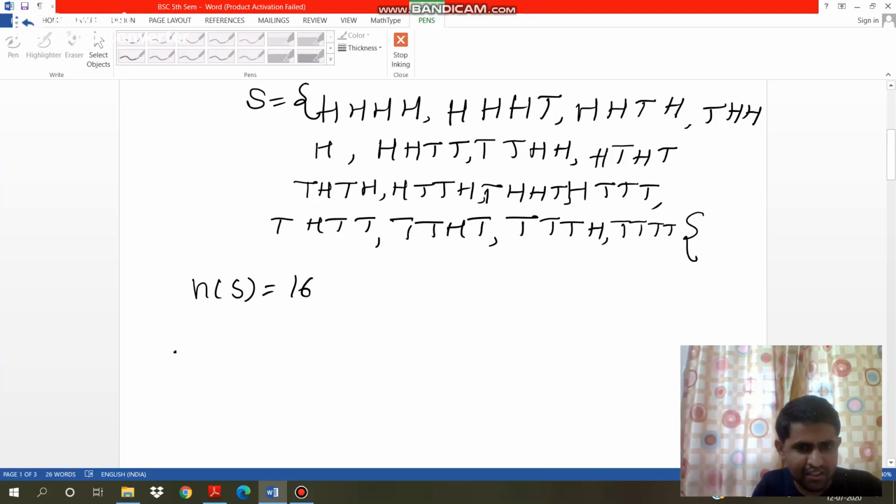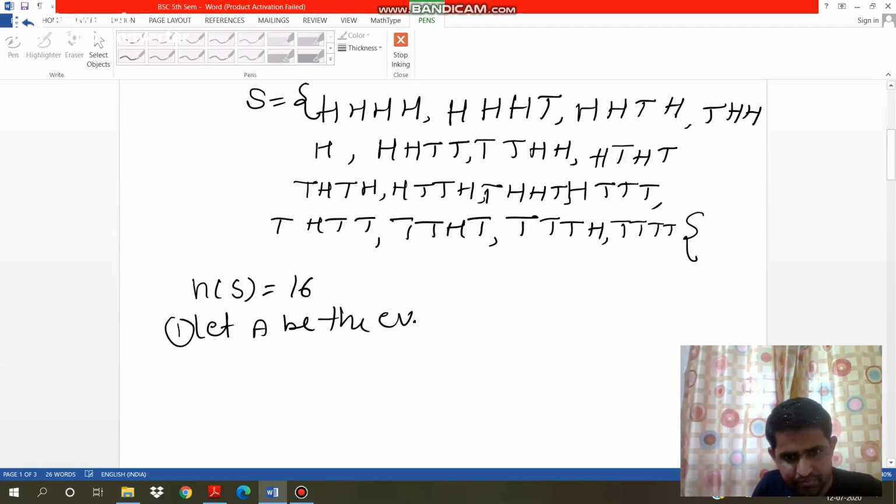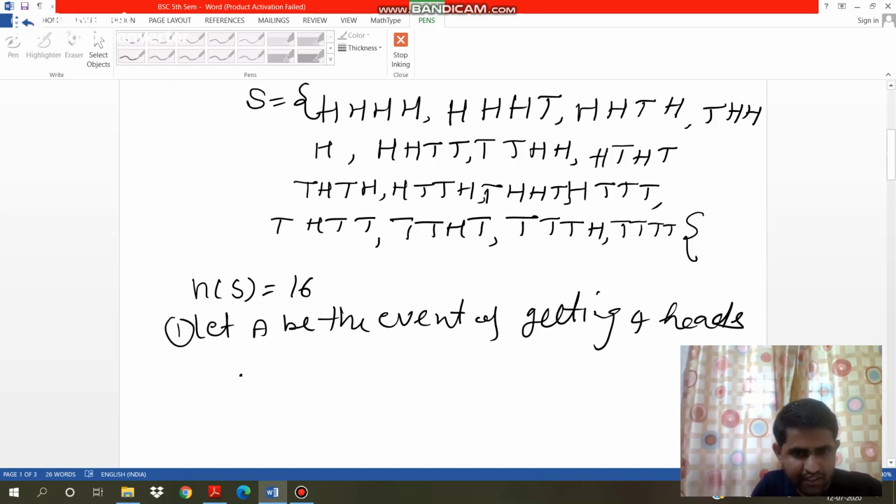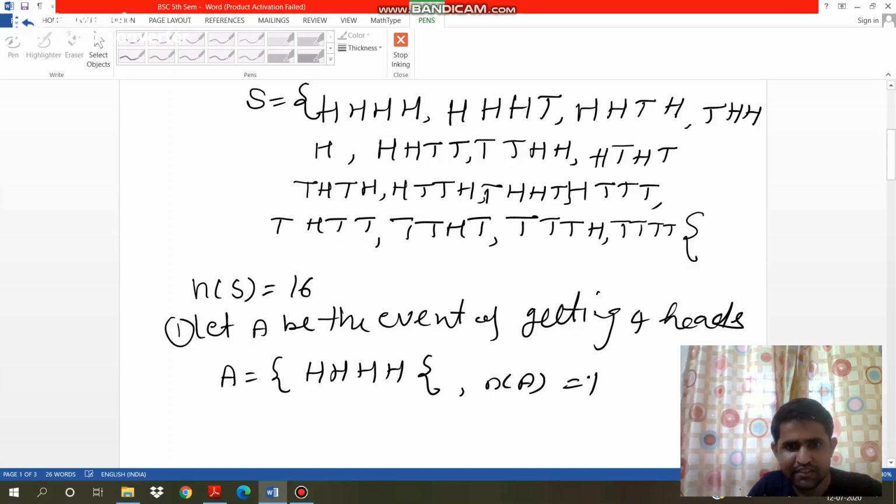Now for getting 4 heads, let A be the event of getting 4 heads. Only one outcome contains 4 heads, so n(A) is equal to 1.